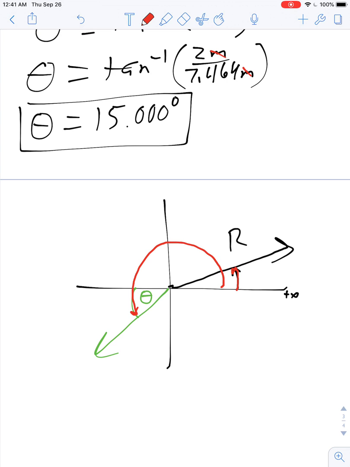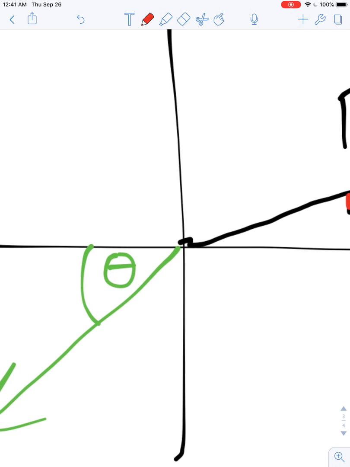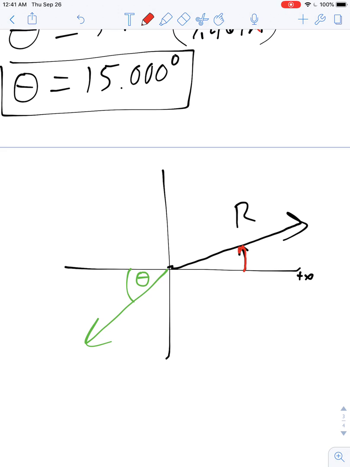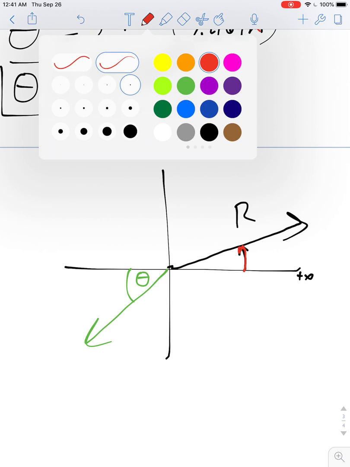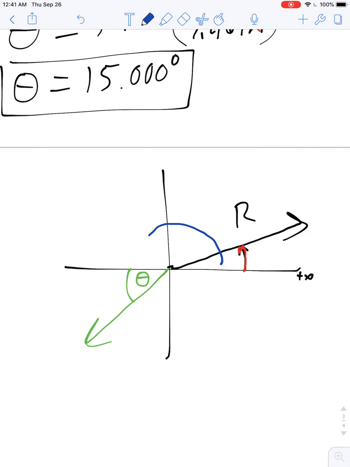That would be the angle they wanted. You might be saying, how am I supposed to get that? If you've already got this little green angle, then just think that there's a part that's missing. Hopefully you see that the little blue arc is 180 degrees. So if your angle pointed in this direction, you'd add 180 degrees.